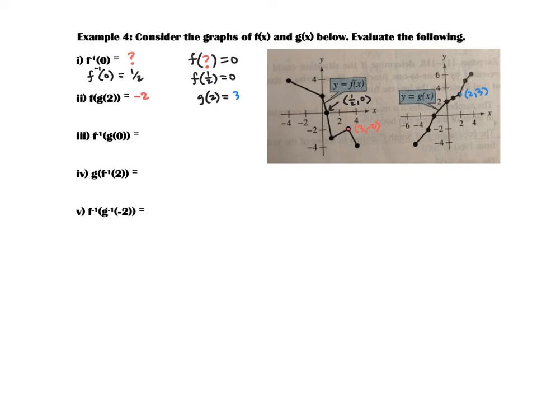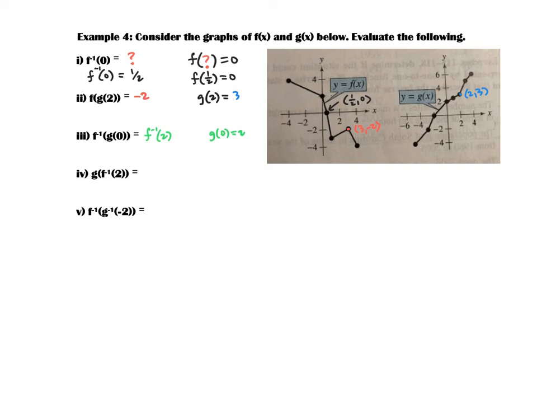All right, g of 0. G of 0 is 2 on the next one. So if g of 0 equals 2, then f inverse of 2, this would be equal to f inverse of 2. How would f inverse of 2 be related to f?